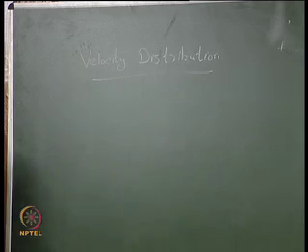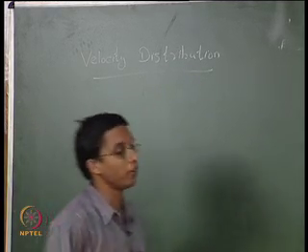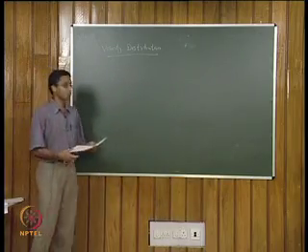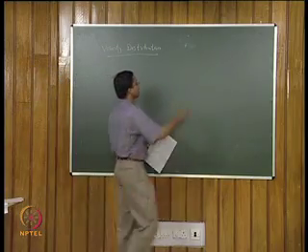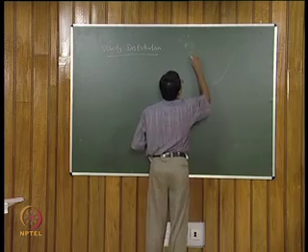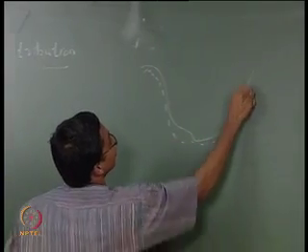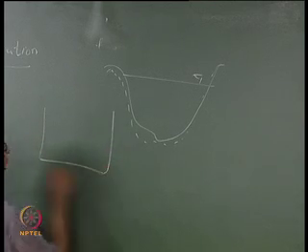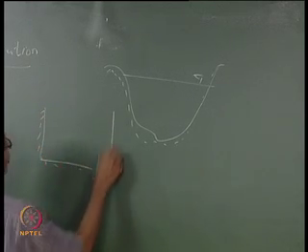Velocity distribution. What do you mean by velocity distribution? Just a few minutes ago, we suggested any cross section, say a natural drain cross section or a regular prismoidal channel cross section.